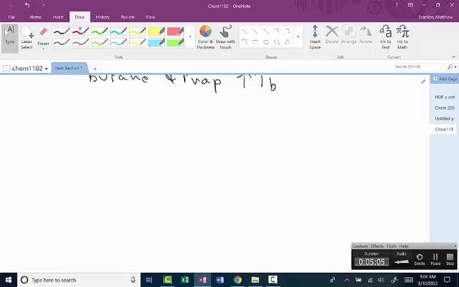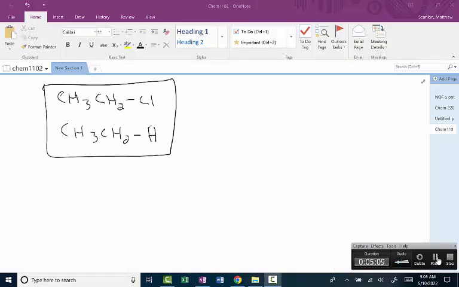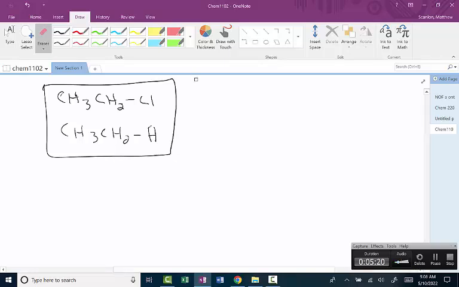We'll compare a couple others here. So here's the first set, CH3CH2Cl and CH3CH2H. And so the forces they have, we know what they are. This one is going to have London and dipole forces. So it'll have those two. This one will have London only.